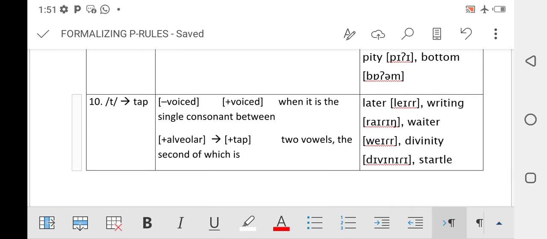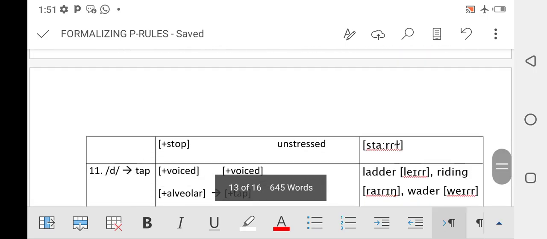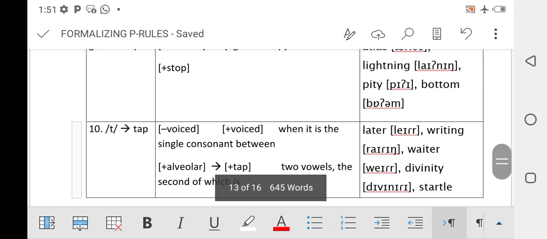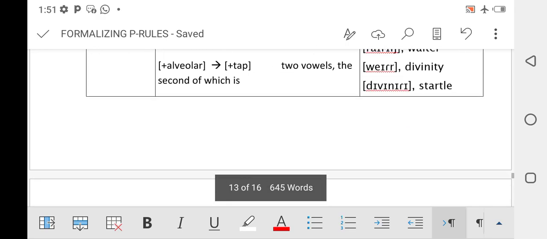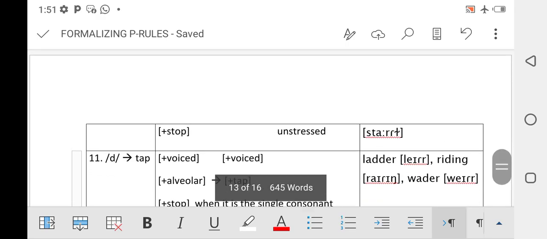Now, in another situation, this voiceless alveolar stop also becomes a tap. A tap is when you are representing t with r. Okay, so a minus voice, a voiceless sound, becomes a voiced sound because r is a voiced sound, when it is the single consonant between two vowels, the second of which is unstressed.